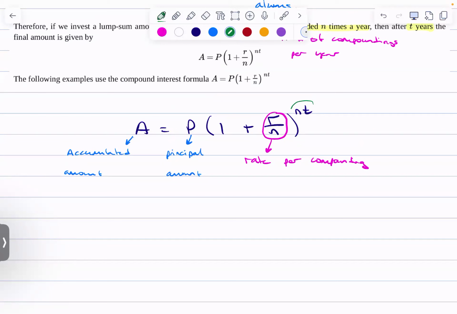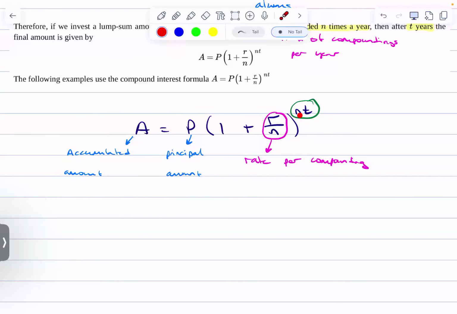What about this power, this exponent n times t? Your calculator will have a power button, but I do encourage you to simplify n times t first before you raise it to the power, unless you're really careful to keep n times t all in the power. Otherwise, a lot of calculators will take it to the power of n and then multiply by t, which is not what you want to do. All right, so we'll do some examples. Make sure you've got your calculator under control, tamed.